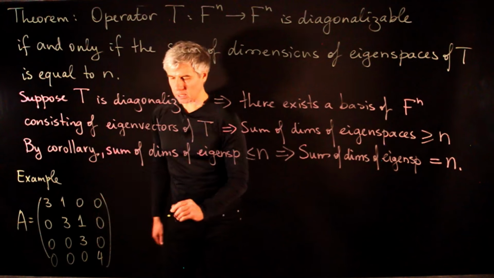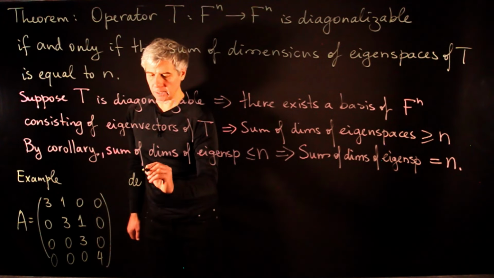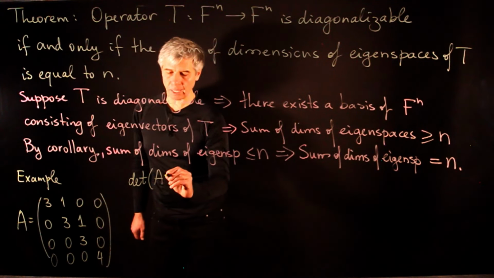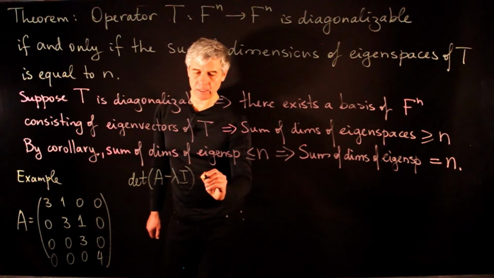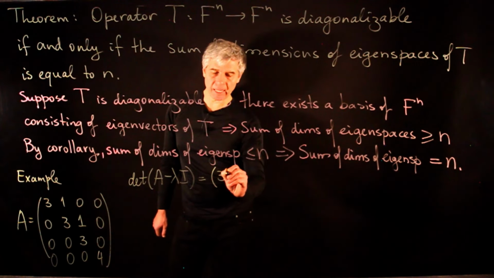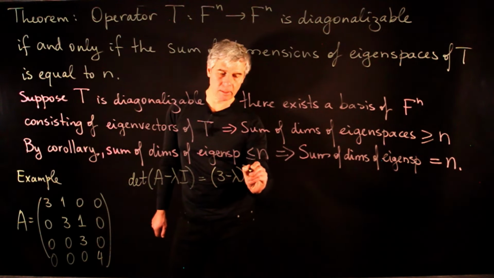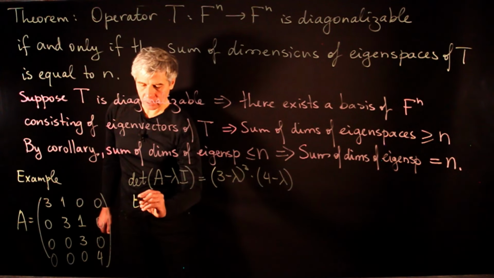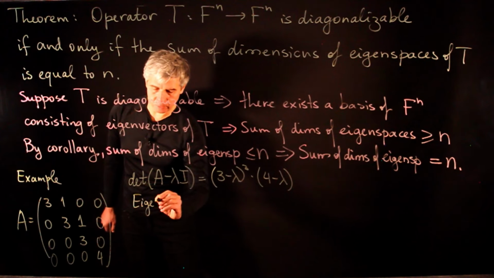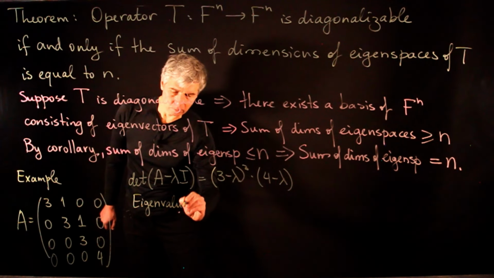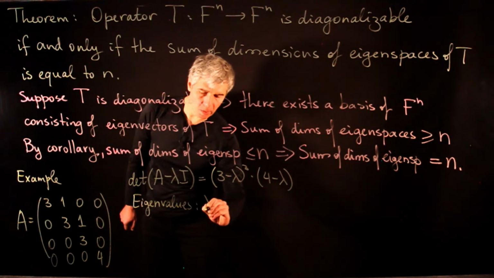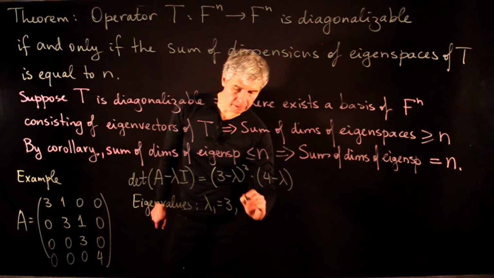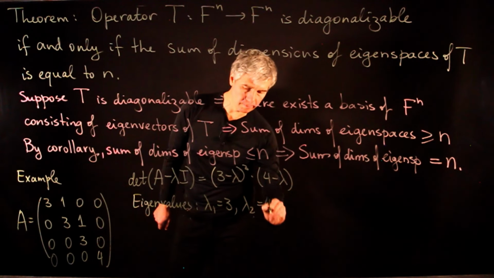Since this matrix is upper triangular, we can easily see the determinant of A minus lambda I is equal to (3 minus lambda) cubed times (4 minus lambda). So from here we see that eigenvalues are lambda 1 equal to 3 and lambda 2 equal to 4.